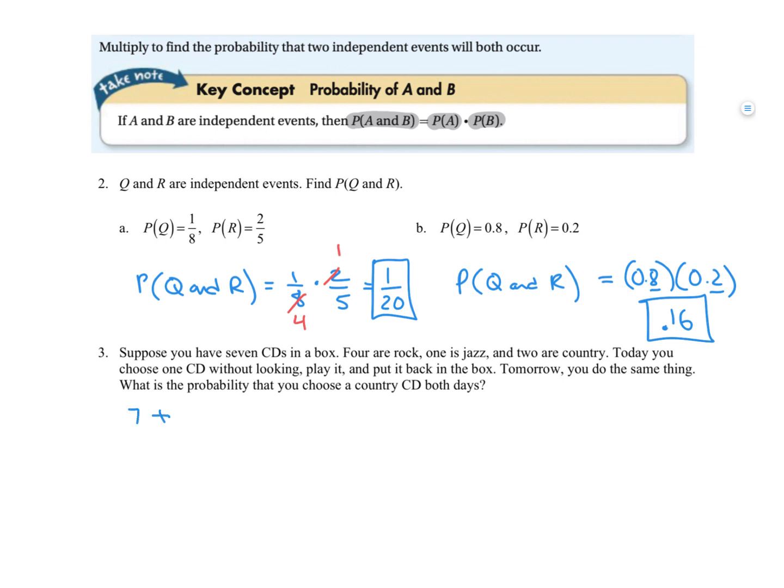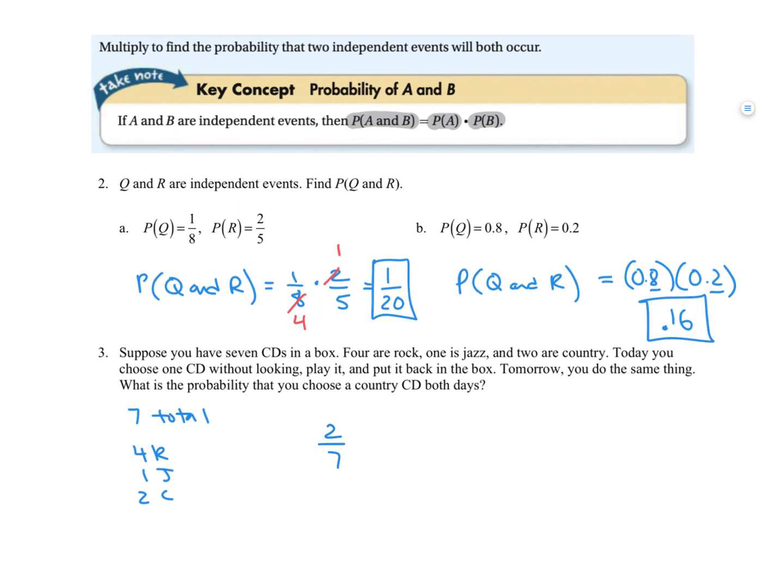Okay, so we have 7 total, 4 rock, 1 jazz, 2 country. We want the probability that you choose country 2 days in a row. Well, the first day, the probability of choosing country is 2 out of 7.